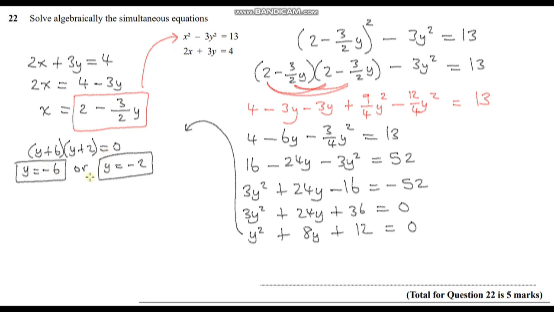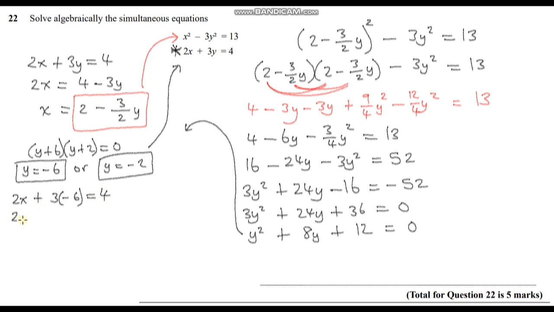So now we've got our values for y, we can substitute these values for y into one of our equations to work out the corresponding values for x. It doesn't matter which equation we choose, but I'm going to choose the linear one just because it's going to be a bit easier. So let's first of all do when y equals negative 6. So we're going to have 2x plus 3 times negative 6, and that equals 4.